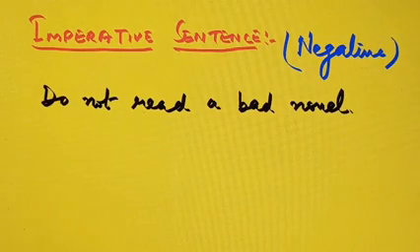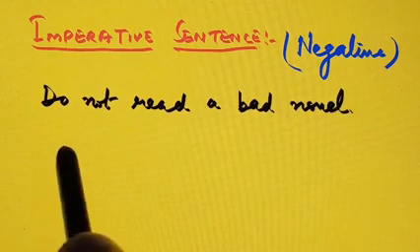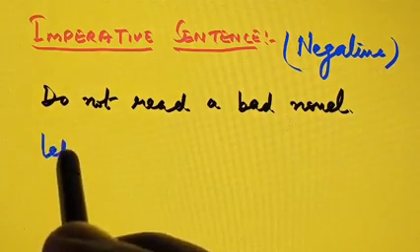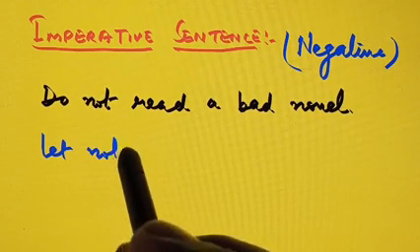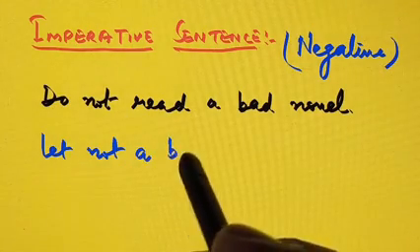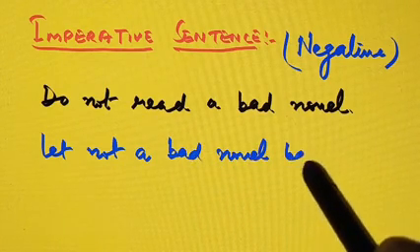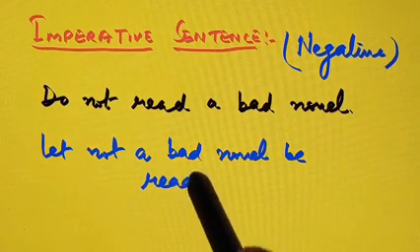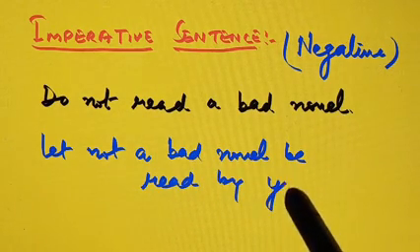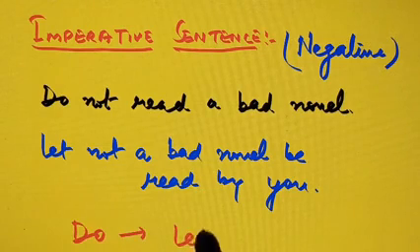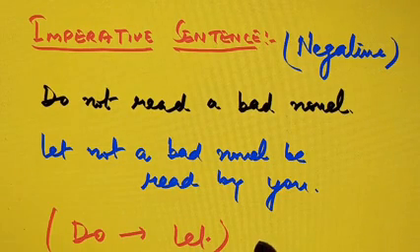In such a sentence the passive will be: at the place of do we use let: let not a bad novel be read by you. So the rule is only that do will be replaced by let, and other than that we use the simple rules of passive voice.